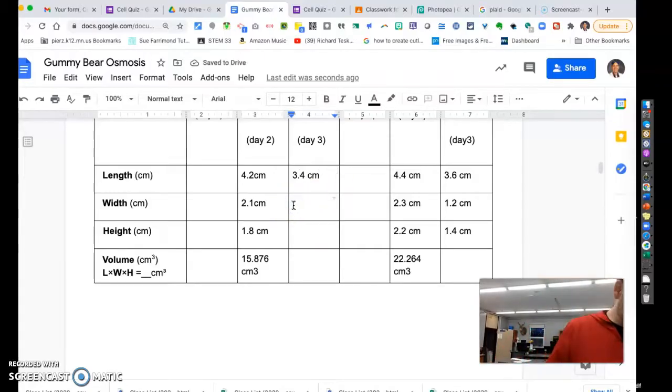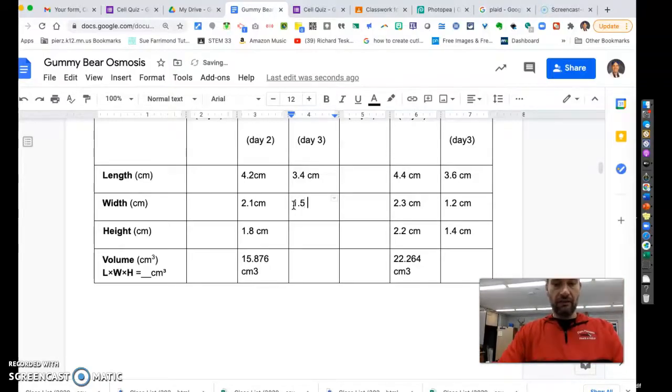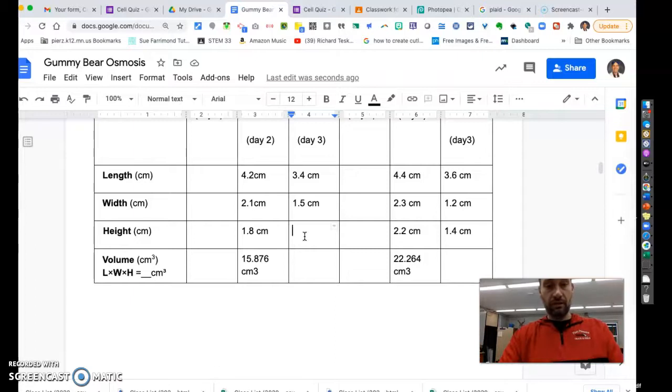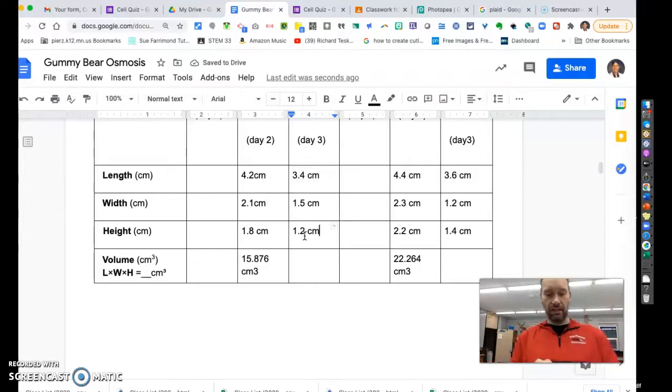And the width of it is about 1.5 centimeters. And the height about 1.2 centimeters. Okay, let me grab my calculator here, my phone, and we can look at this really quick.